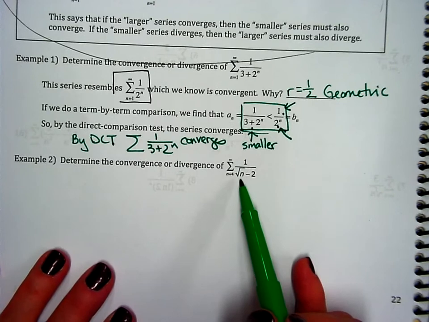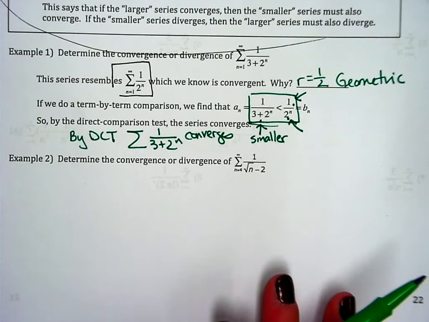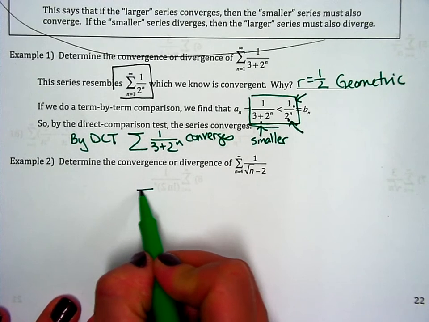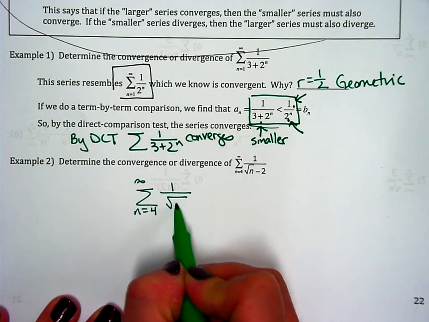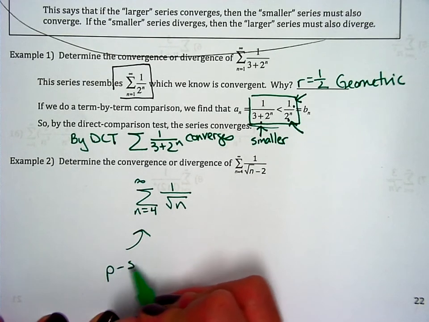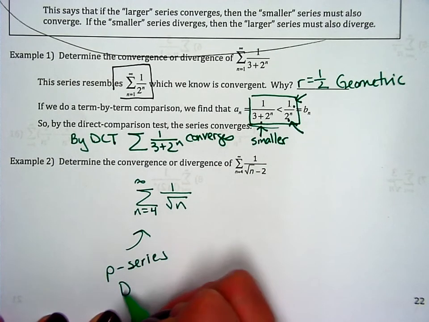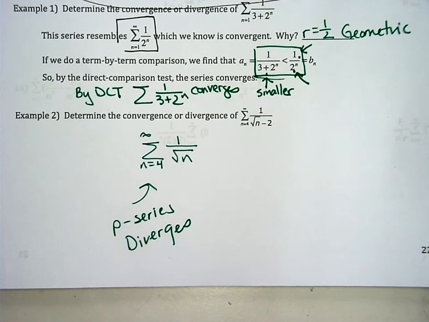Okay, so let's try this one. If I look at this particular series, I notice there's a p-series inside of there. So I'm going to go ahead and compare it to this particular p-series, 1 over square root of n. So this is a p-series that I know diverges. I want to compare it to this one right here.